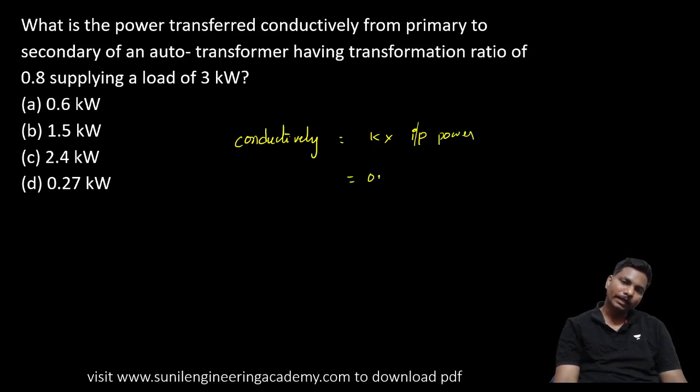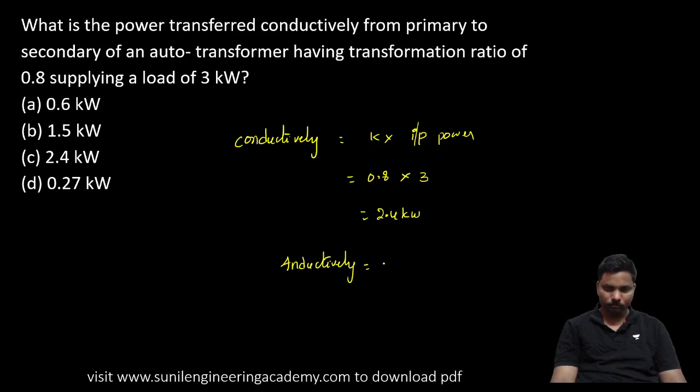K is 0.8, input power they have given is 3 kilowatt. That is 2.4 kilowatt. Remaining inductively is 0.6 kilowatt. Okay. So conductively they are asking 2.4.